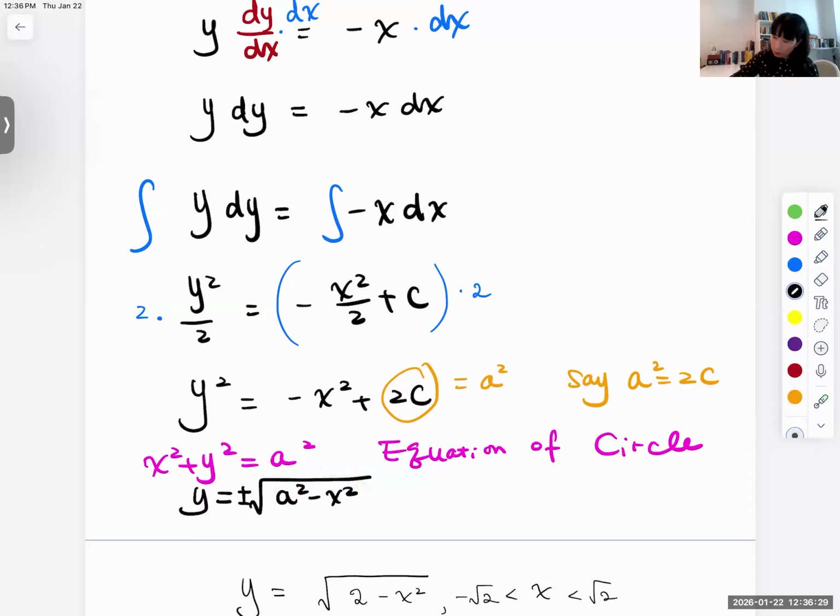So a squared minus x squared greater than or equal to 0, right? Then a squared greater than or equal to positive x squared, right? Then take the square root of both sides, so a must be greater than or equal to x.